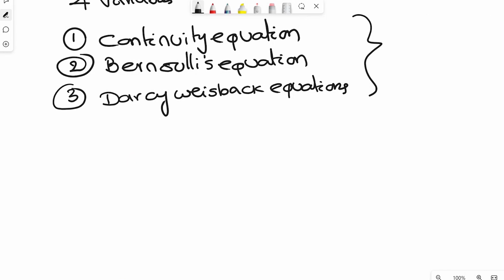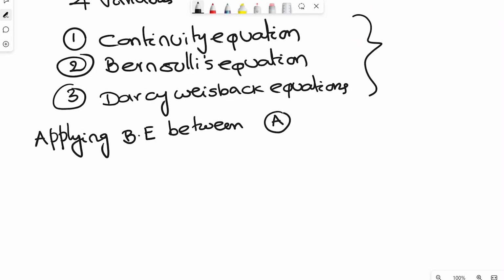First, I apply Bernoulli's equation between A and D. For example, if I apply it like that, the pressure at A is equal to 0 because it is atmospheric pressure. Then the velocity in the tank at the free surface is 0.